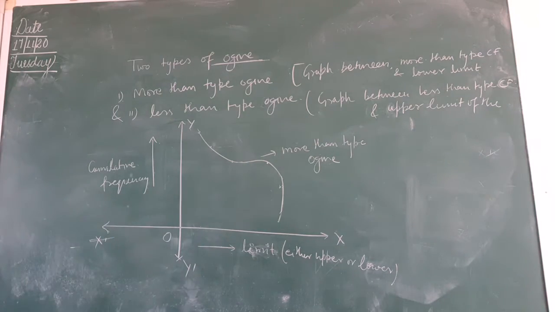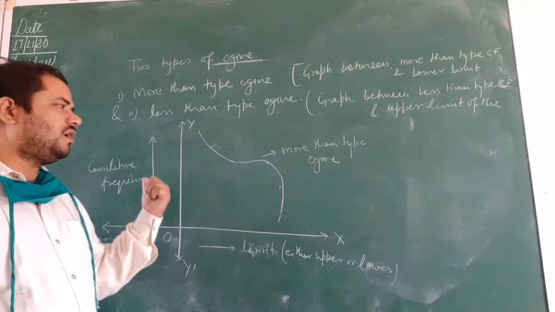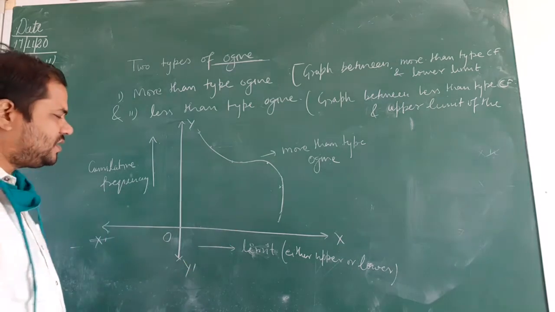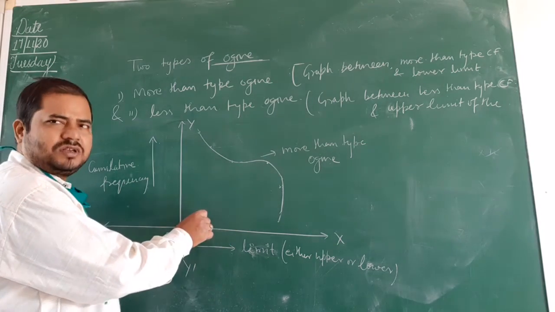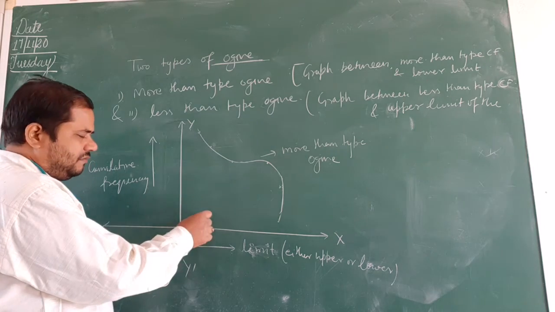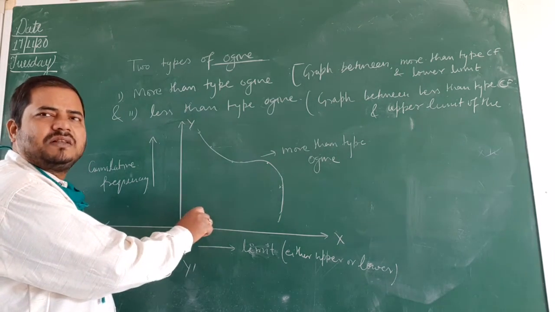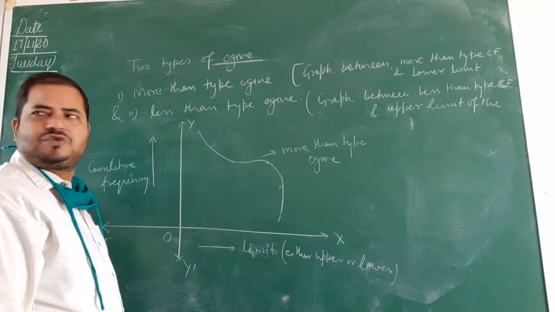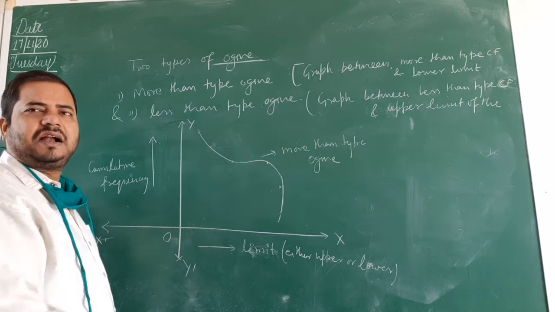But if you take the less than type of cumulative frequency, then obviously you start the graph from the lower side. Maybe here, because the first one is the frequency, then in the second one you just add the first two, in the third one you just add the first three.